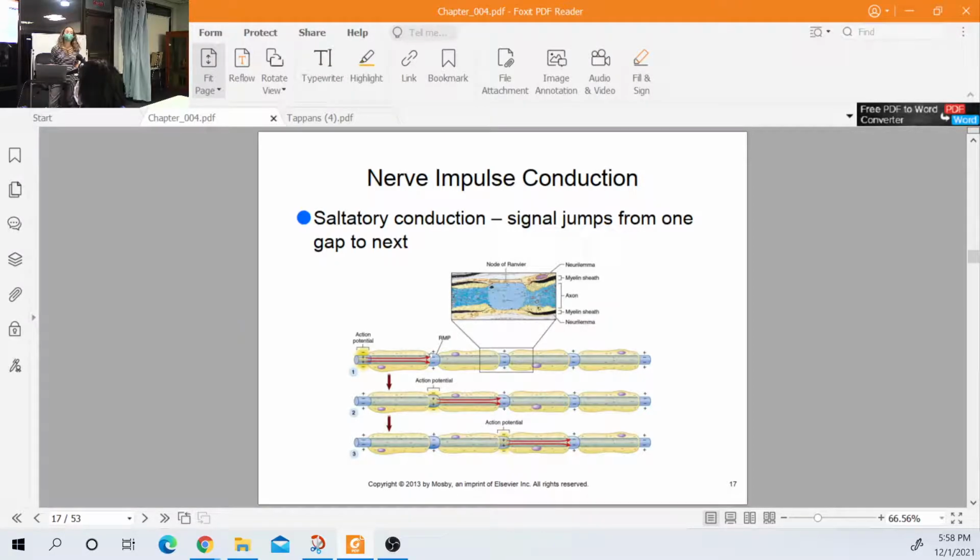They name every little thing. Some guy named Ranvier discovered these little gaps. Stick my flag on it.